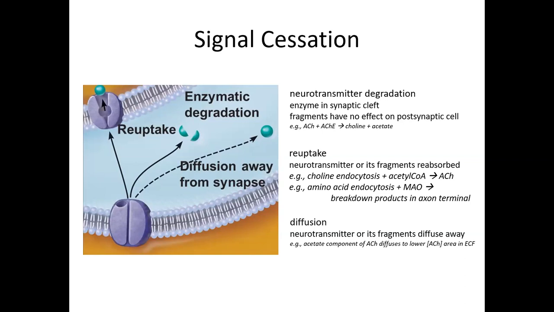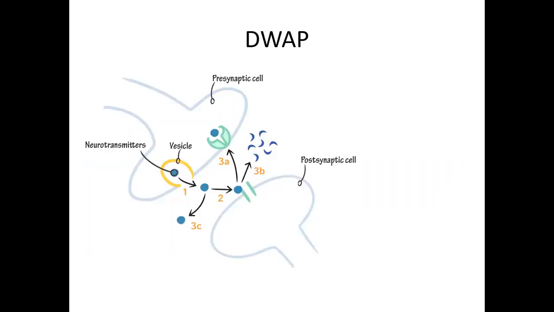And the third option is the neurotransmitter and or its fragments will gradually diffuse away. And so the classic example is the acetate component of acetylcholine, which diffuses to areas of lower concentration in the extracellular fluid. Okay.